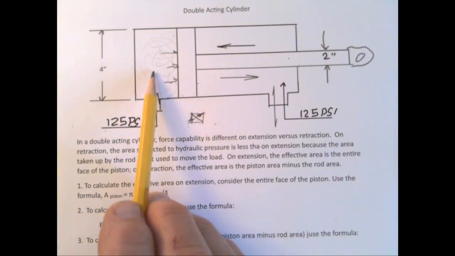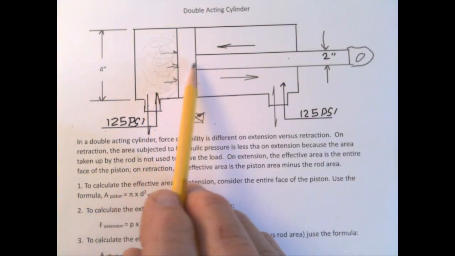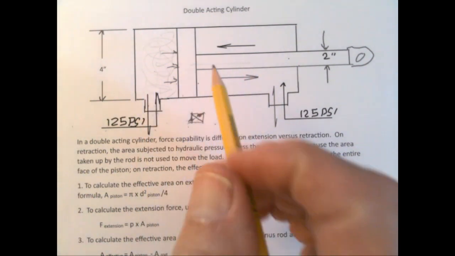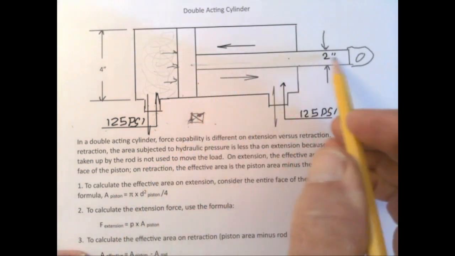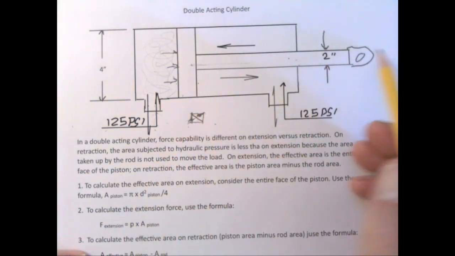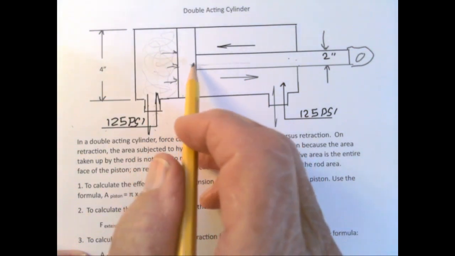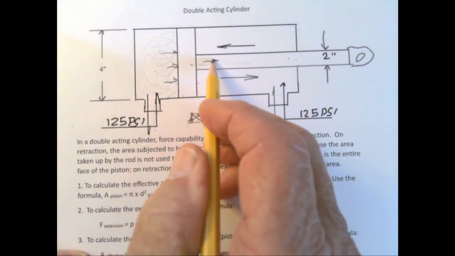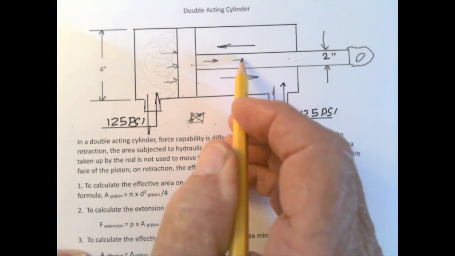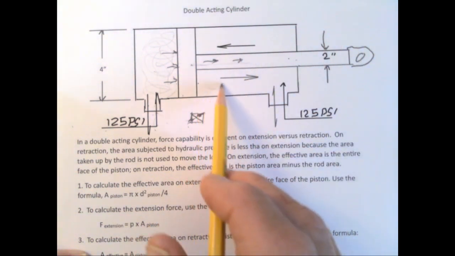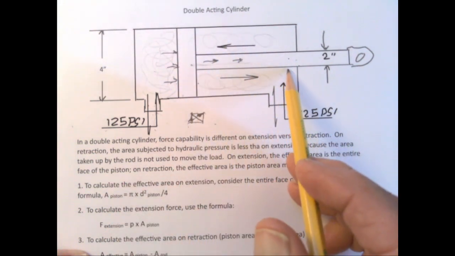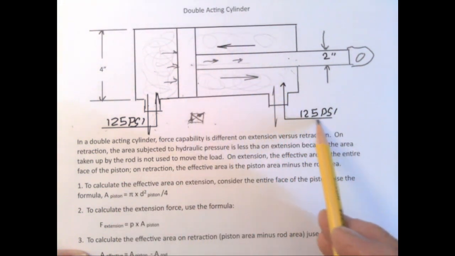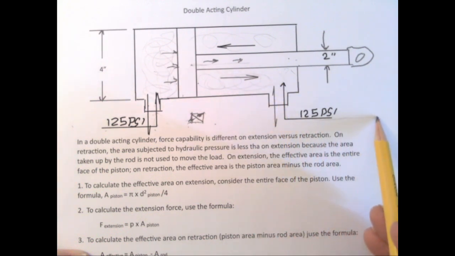Now, as it begins to move the rod in an extended manner, extension means the rod goes out. Retraction, the rod goes in. So as it begins to move this rod in this direction, if there is leftover fluid in here, it's going to come out and have free flow all the way back to the reservoir, most likely.